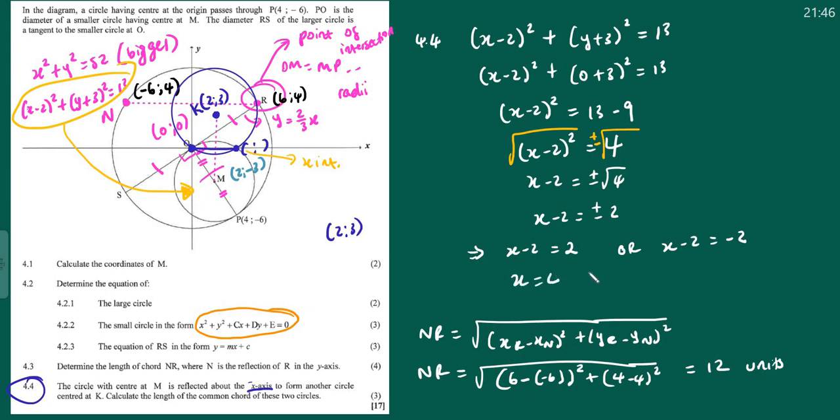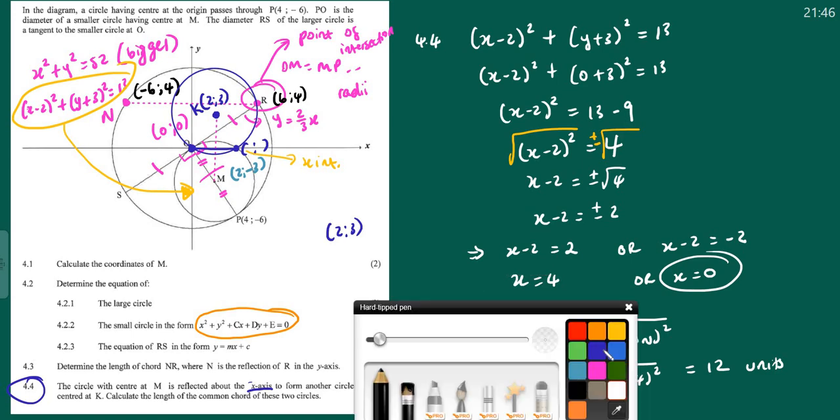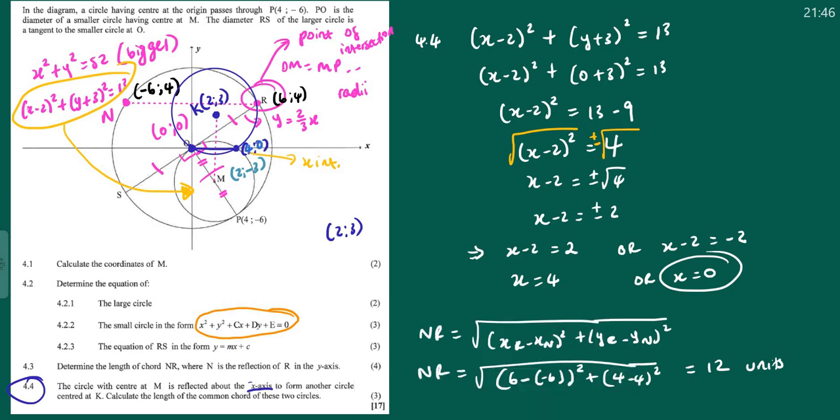That means x will be 4 or x will be 0. Which makes sense because this smaller circle has two x-intercepts, at O and at that other point. This one is already at O, so this is the one we wanted. So we have the coordinate of that other point. We know it's 4 and 0. And now that we have that, we can simply find the answer.